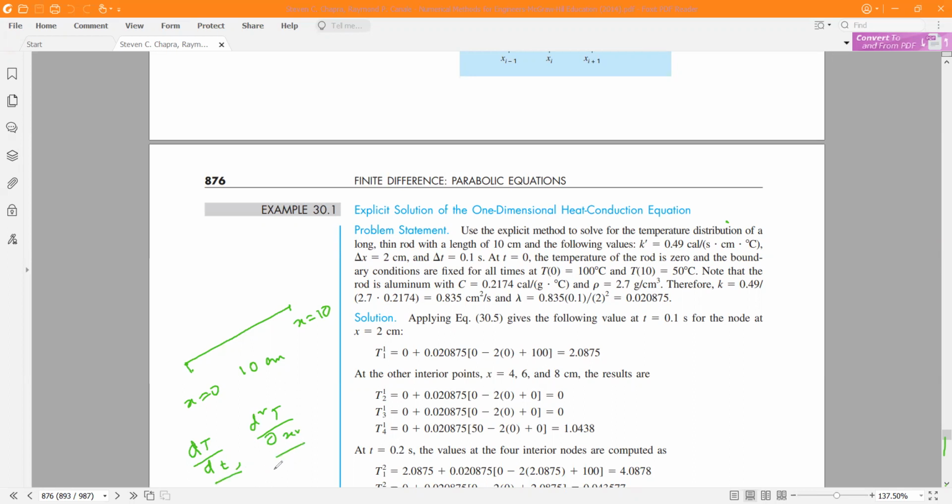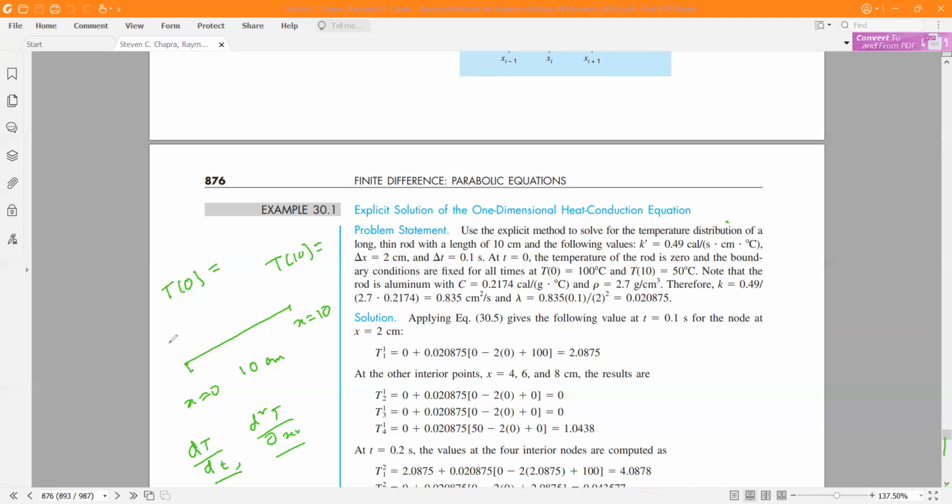One is initial condition, another is boundary condition. So your boundary condition is defined as the temperature at the 0th position is given, and your temperature at the end of the rod is also given.